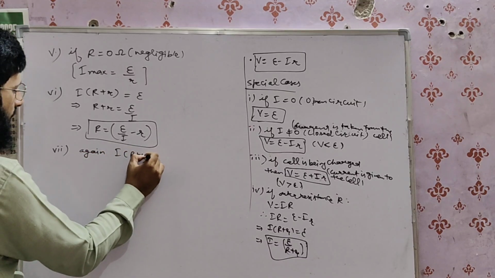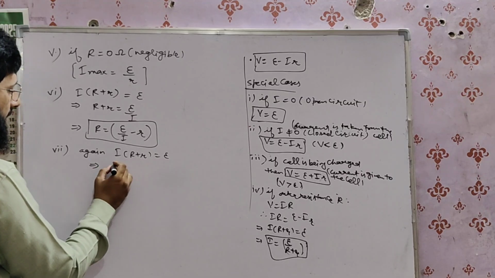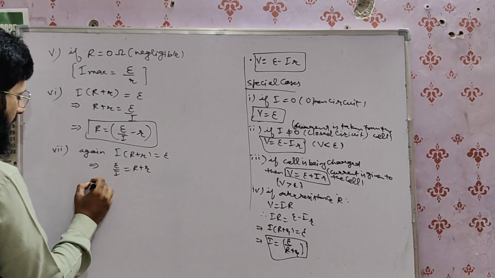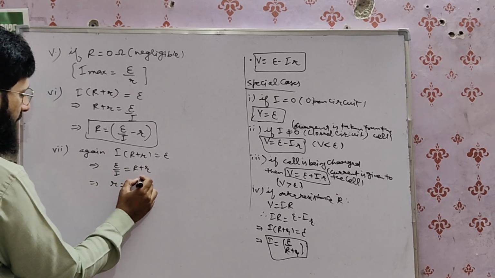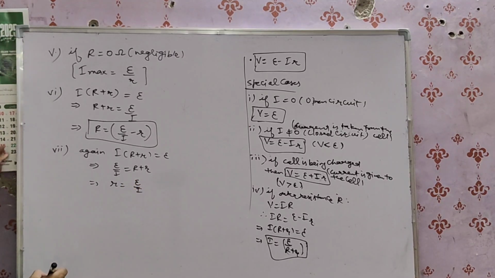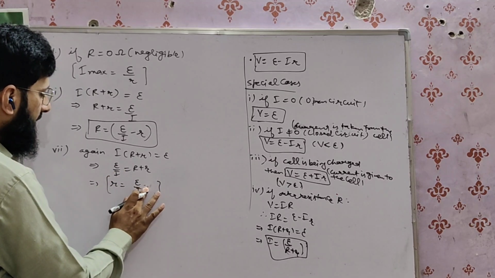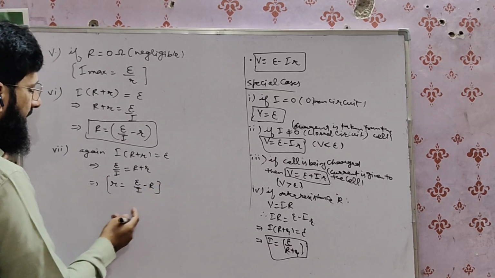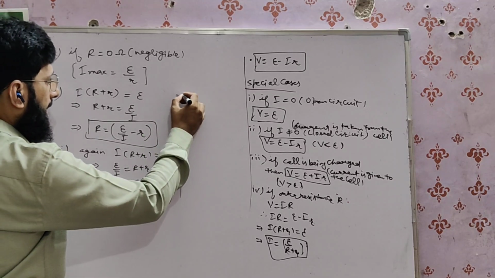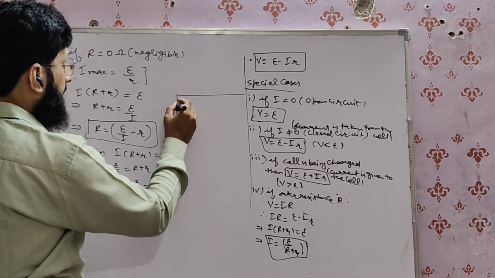I into R plus small r is equal to E, implies E upon I is equal to R plus r, implies small r is equal to E upon I minus R. So you can find out the internal resistance by using this formula, and there is one more formula for internal resistance.